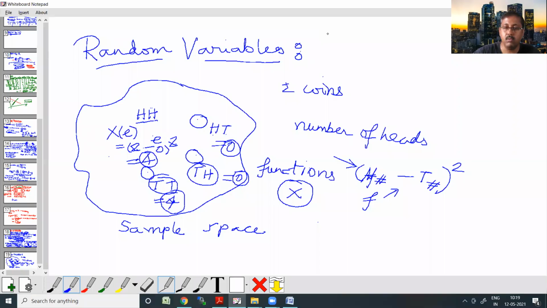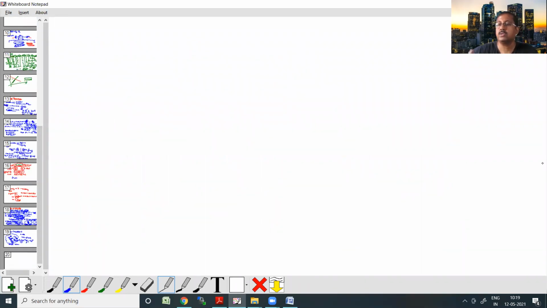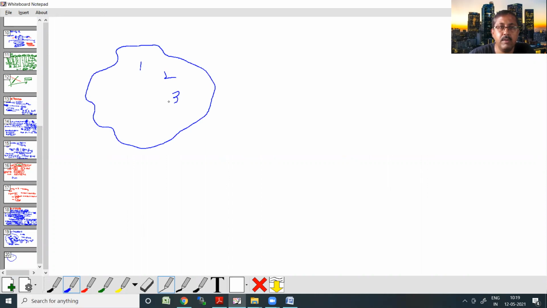Let us take one more example. Let us take the example of not tossing of a coin, but throwing of a die. When we throw just one die, what are the possible outcomes? The possible outcomes are either we have a 1, or a 2, or a 3, or a 4, or a 5, or a 6.